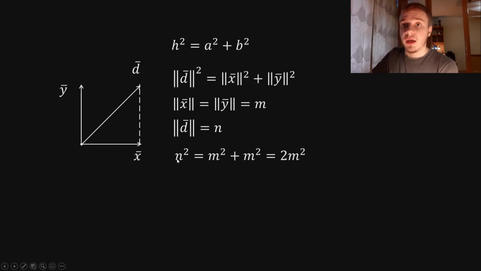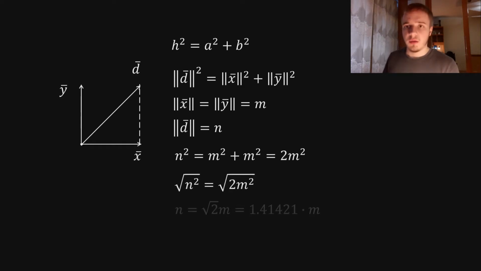Okay, so n squared equals m squared plus m squared, so we get 2m squared. And by taking square root from both sides of the equation, we get n equals square root of 2 multiplied by m, and square root of 2 equals roughly 1.41. So when the character moves diagonally, his speed is actually 1.41 times faster. But it's just a special case, really.